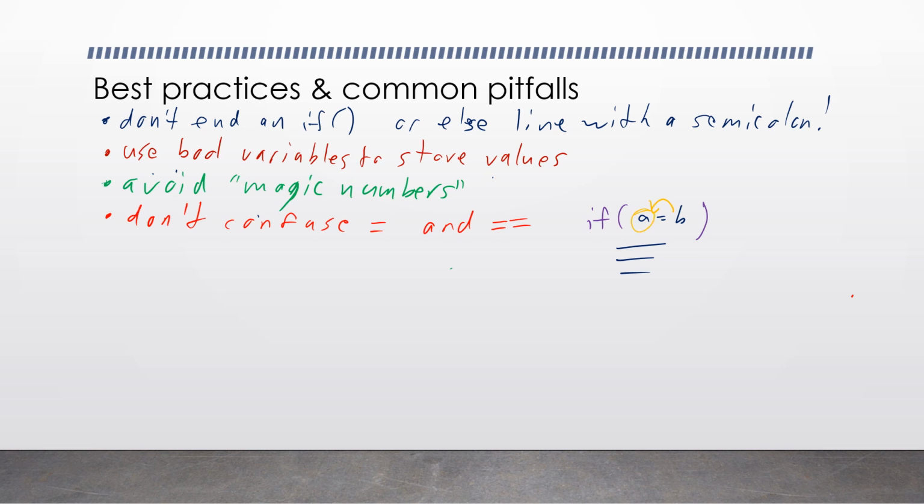That is, if it equals 0, the statement is false. If it equals 1 or any other number really, the statement is true. That's not what you probably wanted. So always check those and be sure that you said if A double equals B instead. Common programmer mistake.